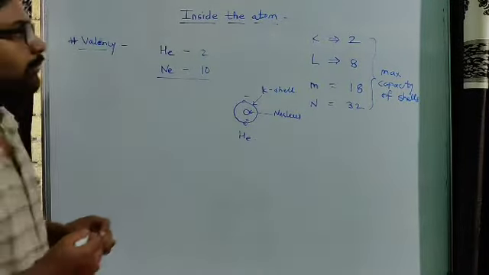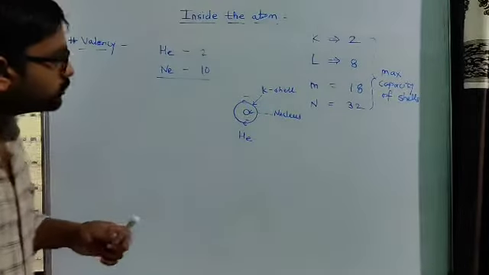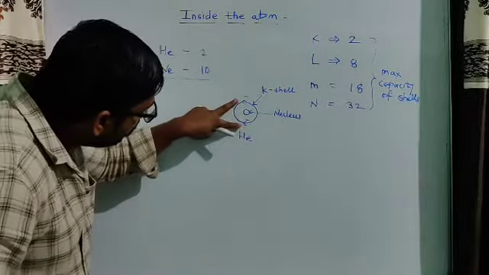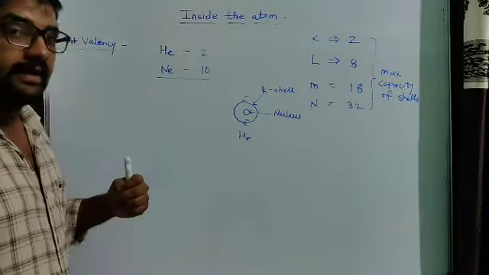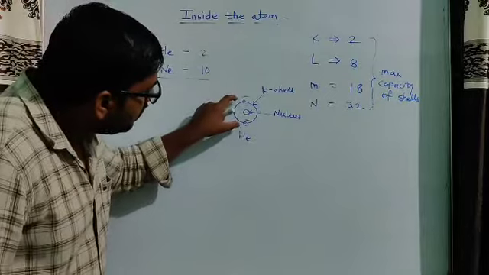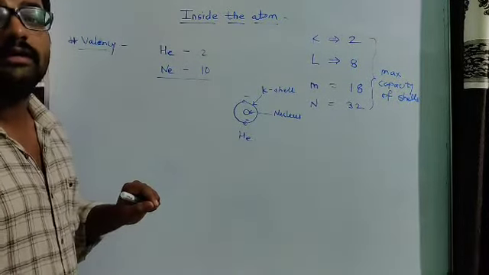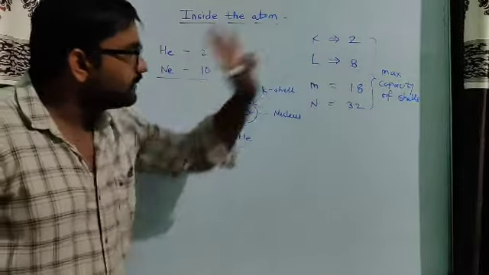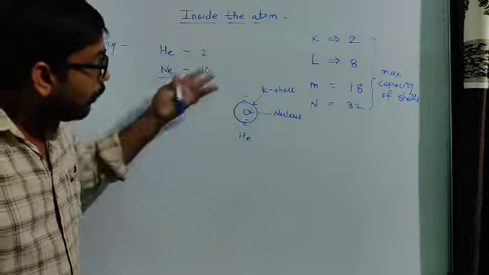We know the maximum capacity of the K shell is 2 electrons. So in this helium, two electrons are there. We can say that this shell is completely filled because its maximum capacity is 2 and 2 electrons are present in the outermost shell.